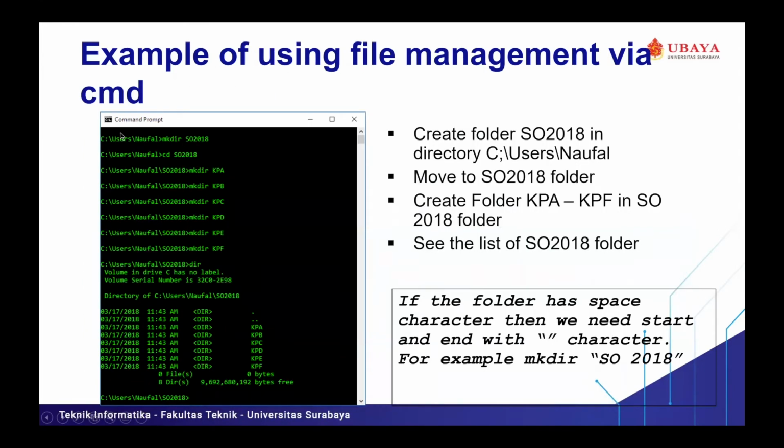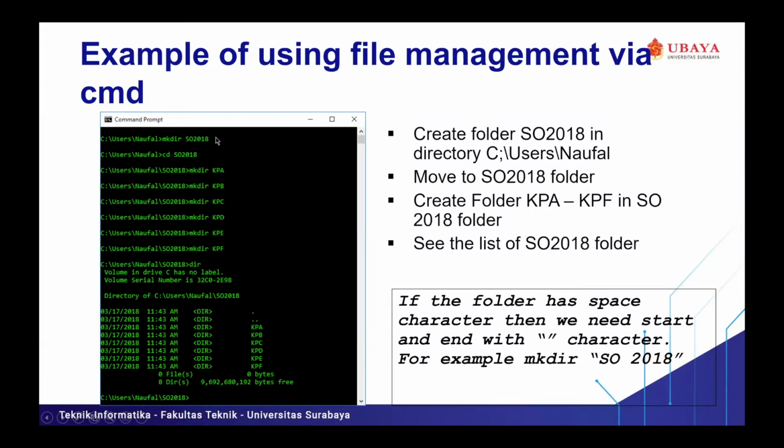As you can see here, I will create an SO 2018 folder in my current user directory. So mkdir SO 2018 means I will create a new folder named SO 2018 in my current user directory.